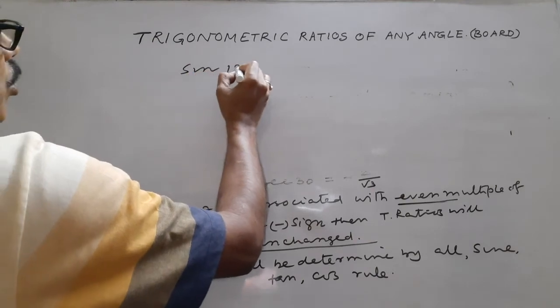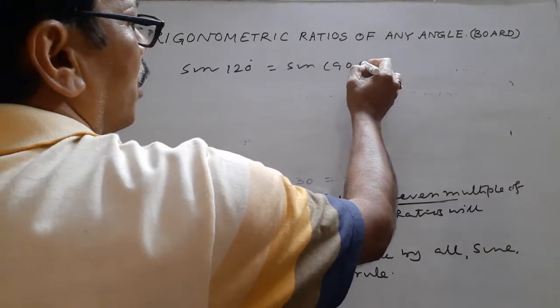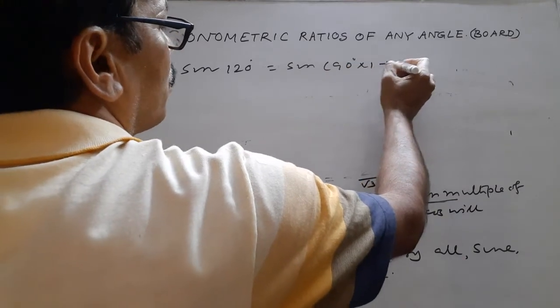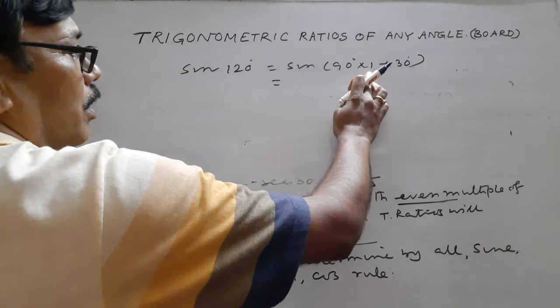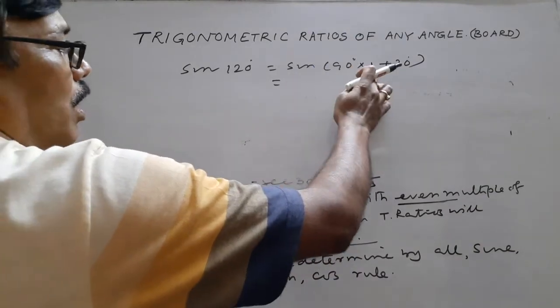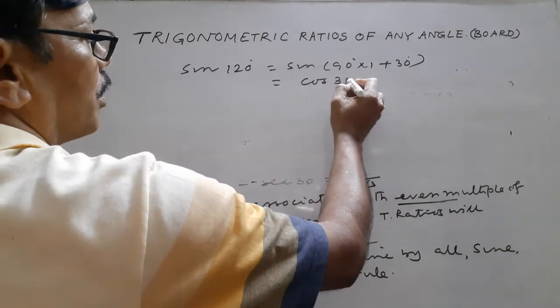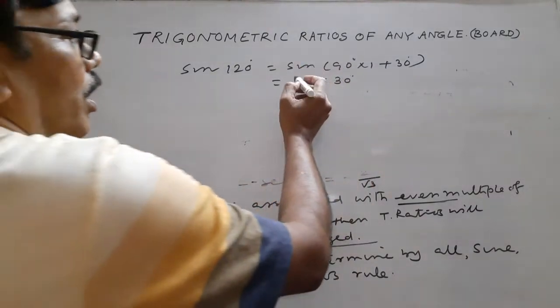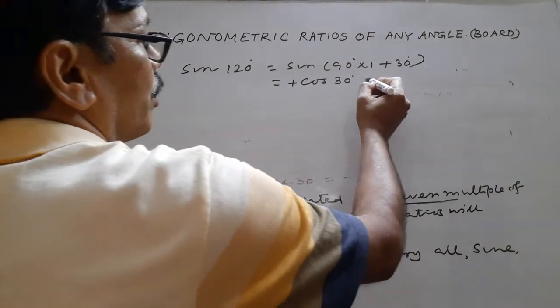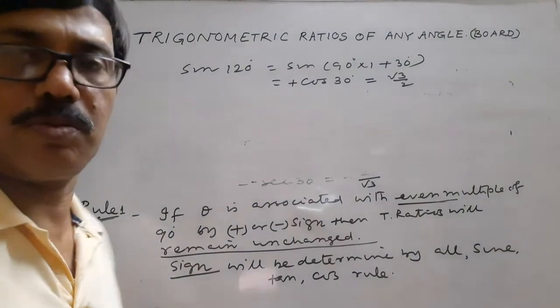Now sin 120. You can write it as 90 into 1 plus 30. So it is an odd multiple. If it is an odd multiple, then sin will be cos 30. And it lies in the second quadrant, it is plus. So cos 30 is root 3 by 2.